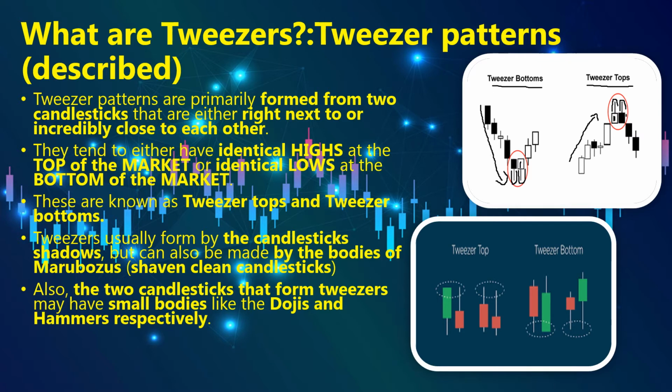And if you see the other picture at the bottom, tweezer tops here, this is bullish, this is bearish. This is bearish, this is bullish. That's tweezer bottom, that's tweezer top.